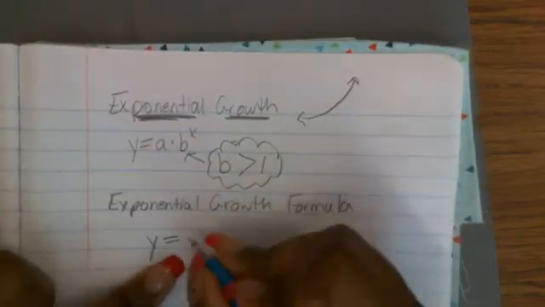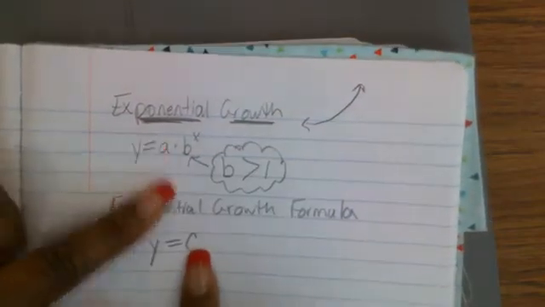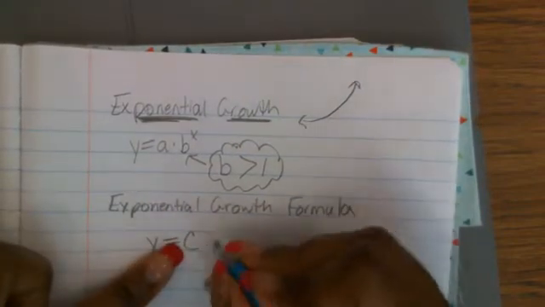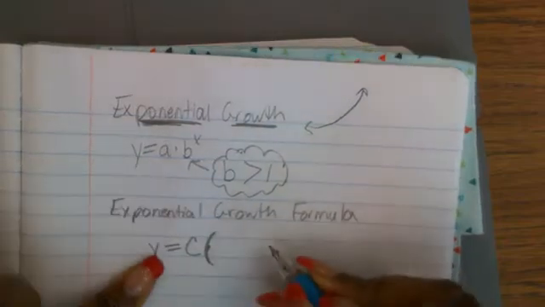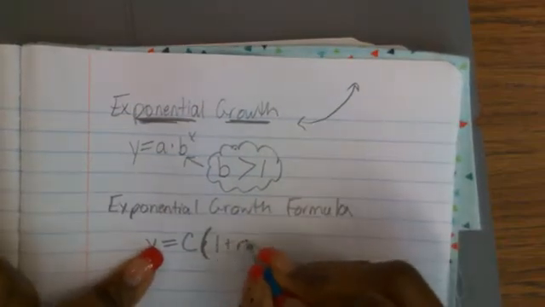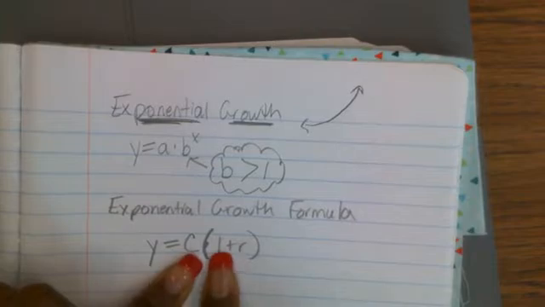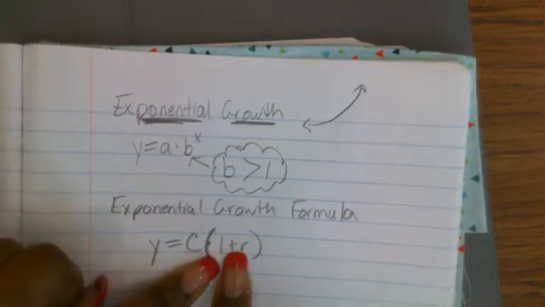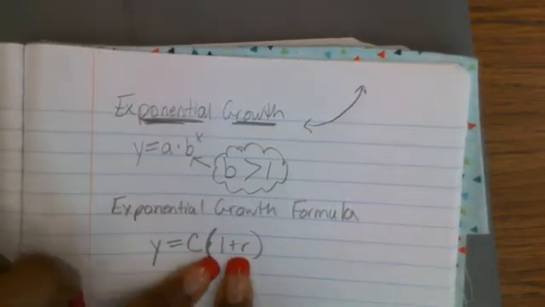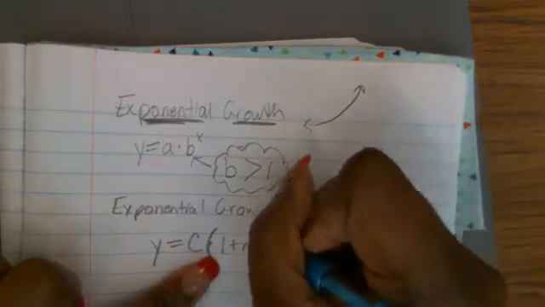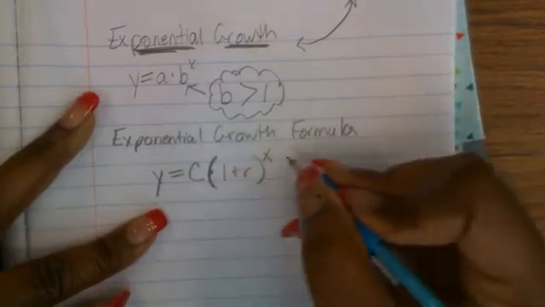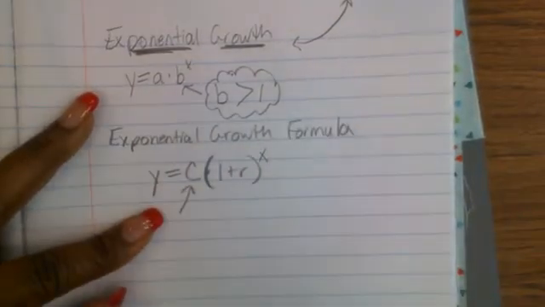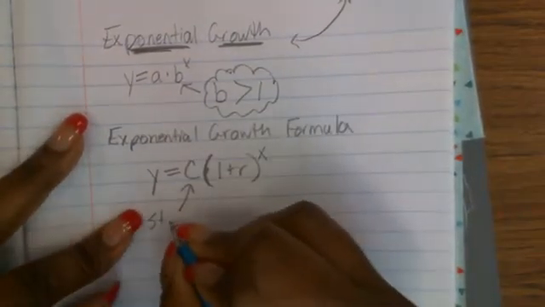Instead of using A, we're going to use the letter C, which is the same as A. It's still our starting amount, times, let's do parentheses, 1 plus R. Now, 1 plus R is equal to B, and B is equal to 1 plus R. They're the same thing, raised to the x power. Only, I'm going to label each of this here. My C is my starting amount.